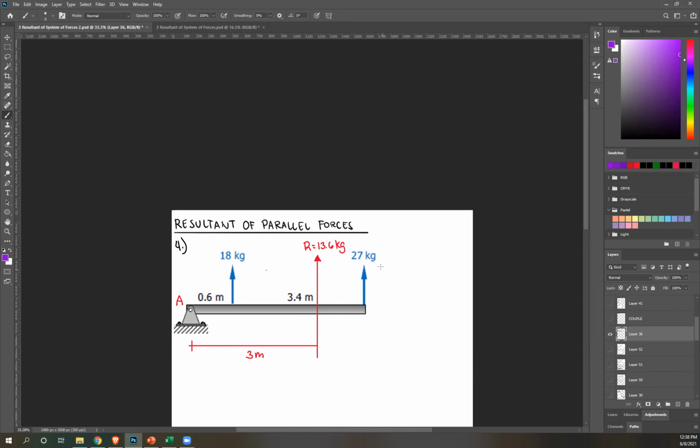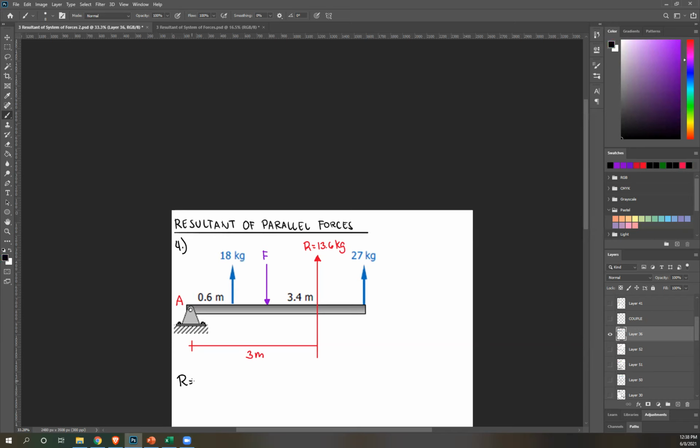Just by inspection, I can see that 27 plus 18 is greater than 13.6. So there must be a downward force to bring that down to 13.6, right? So I'm guessing the third force is downward. Okay, let's create our equation.